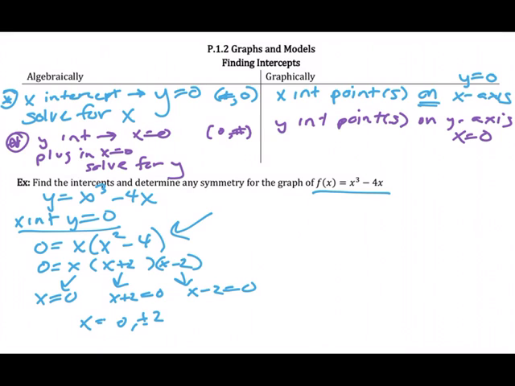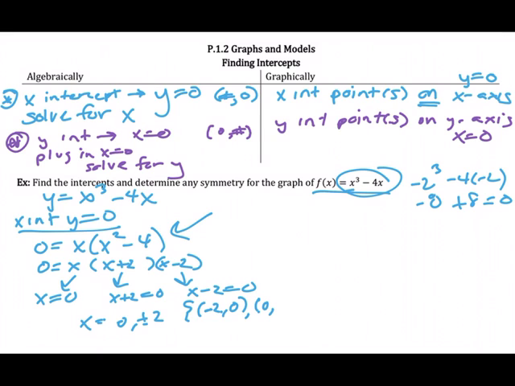And let's actually stop and go ahead and write these as ordered pairs. So if I plugged negative 2 into this function, negative 2 to the third is negative 8, minus 4 times negative 2, so plus 8, equals 0. And I'm hoping that you're wondering, why in the world are we plugging these in? They should all be intercepts, right? So they should all be 0, which is true, but let's just confirm that for ourselves.